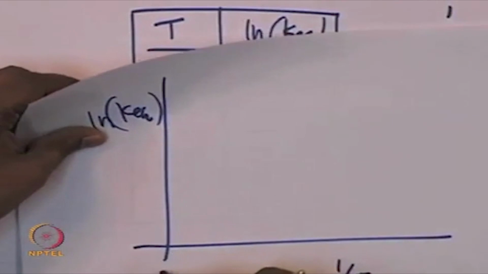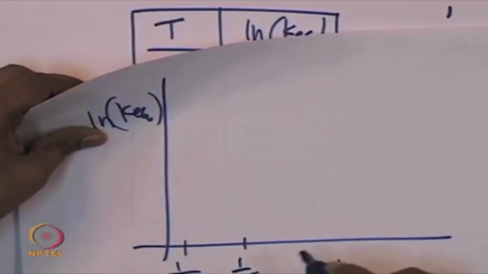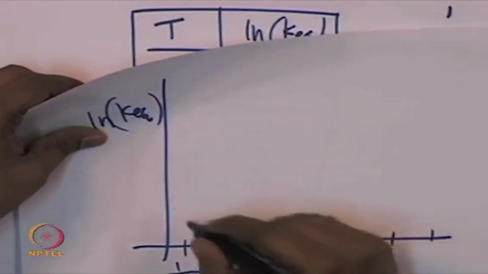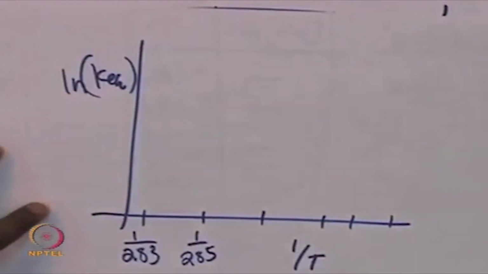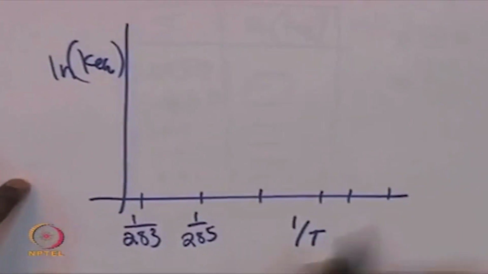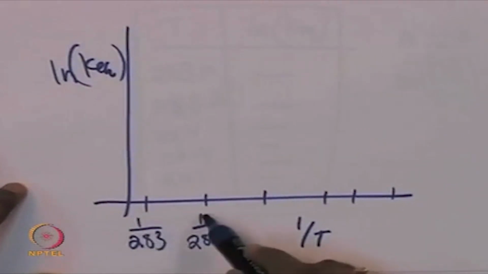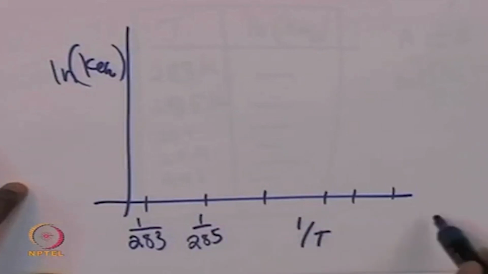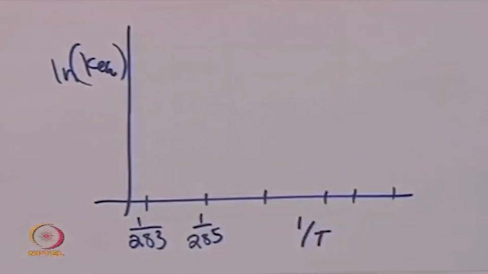So, here you will have 1 over 283, here you will have 1 over 285. All these are numbers, and for each of these numbers you will have a corresponding k equilibrium value. So, for 1 over 283, 1 over 285, 1 over 287, as you vary 1 over T, you will have ln k equilibrium varying. Let us see how the ln k equilibrium varies.